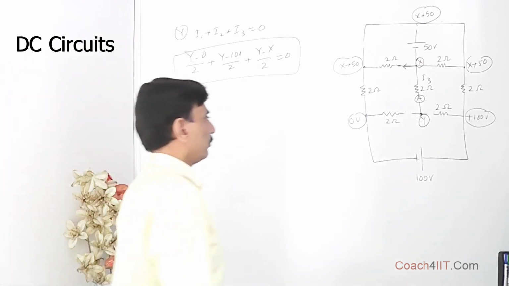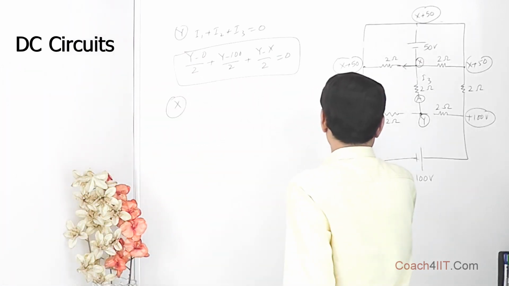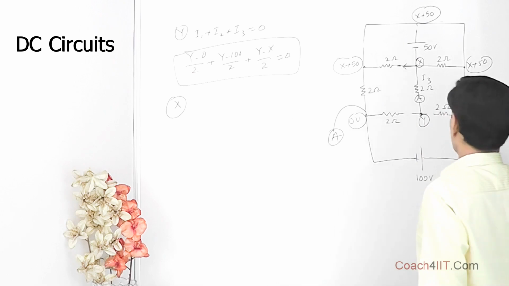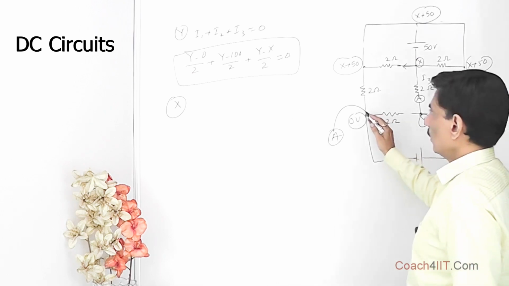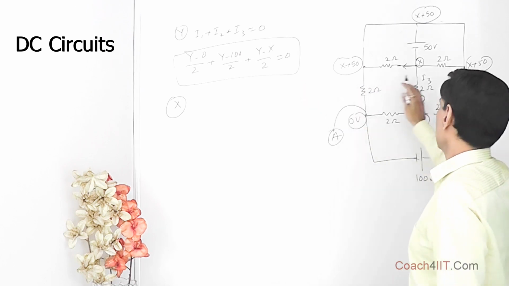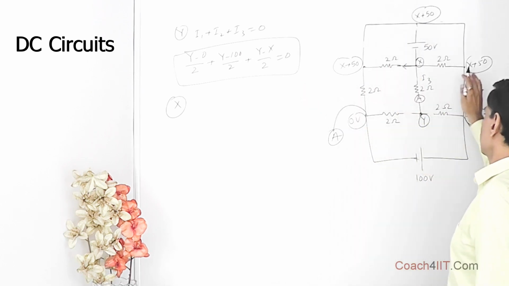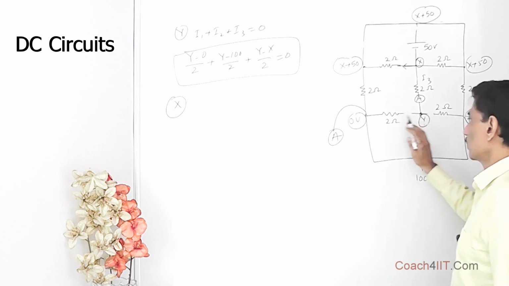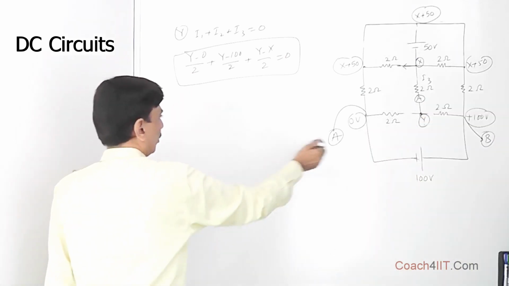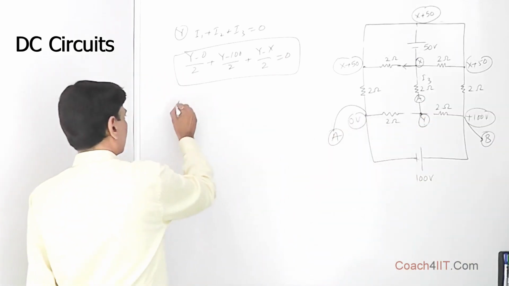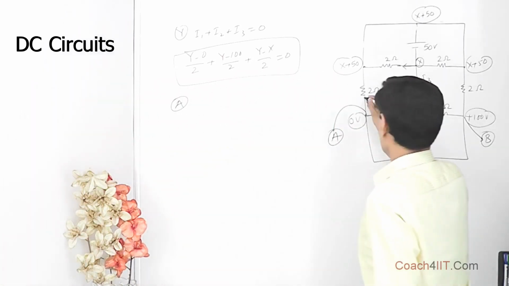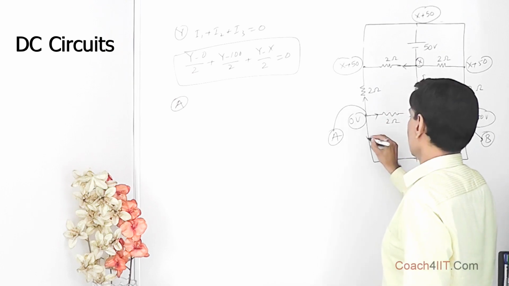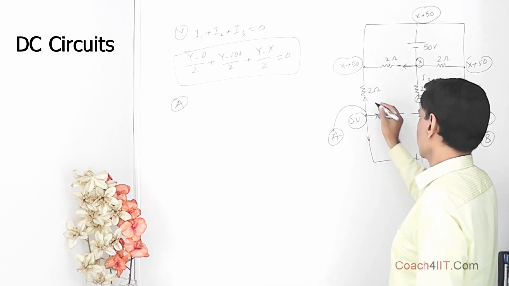We can also give names to these nodes: this as node A, and this we can call node B. As KCL is applicable for this node, this node, this node, this node, similarly it is applicable for this node, this node, this node also. Now let's apply it for node A. It is going to be the current in this direction plus the current in this direction plus the current in this direction, that is equal to 0.